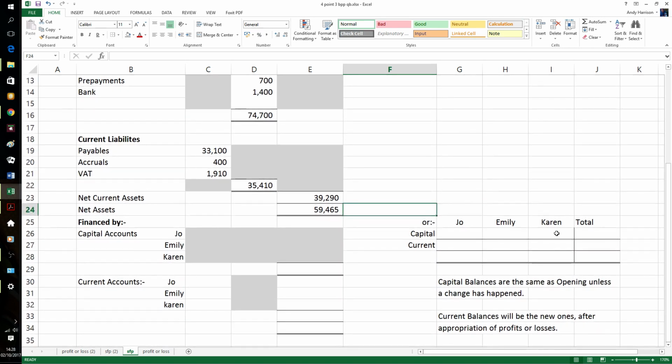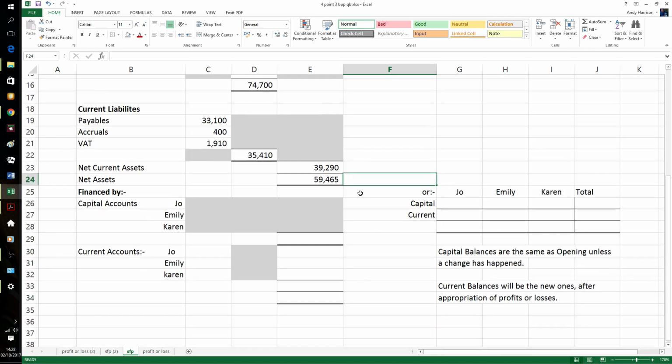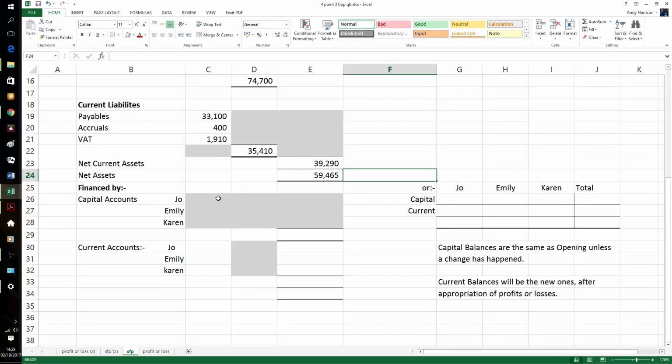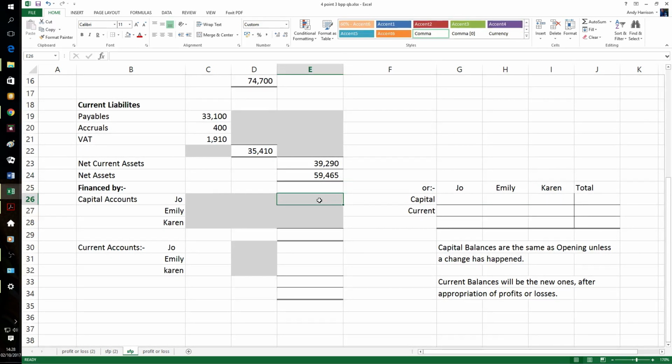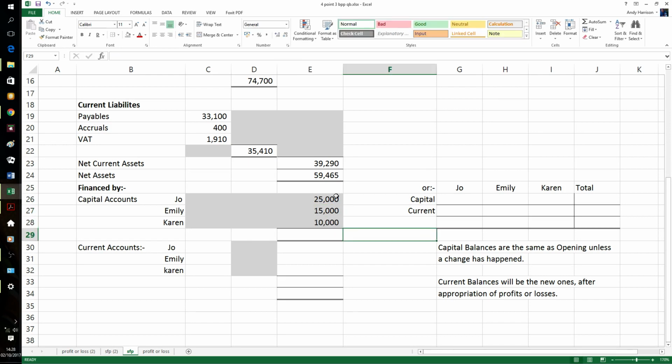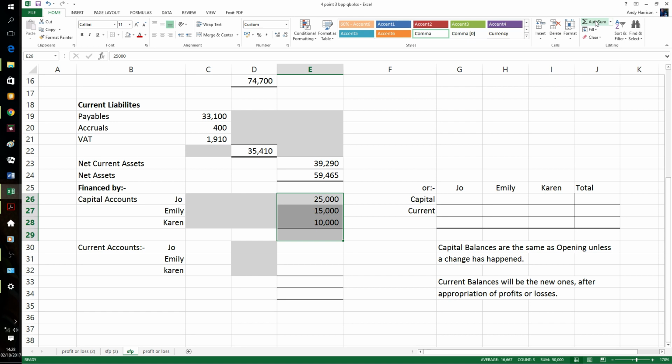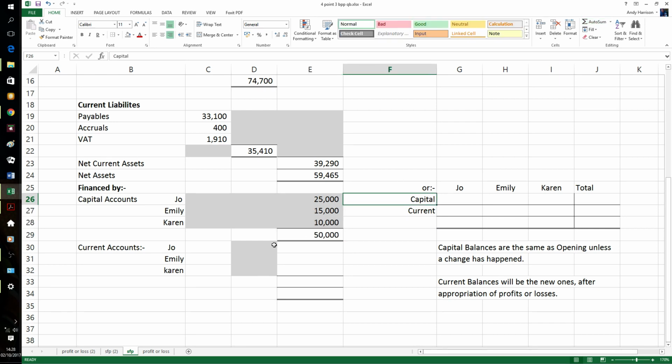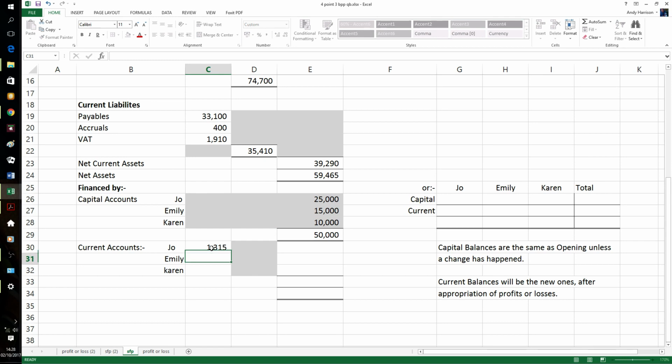You can see on the right I've actually done another version, another layout. We'll do that one in a minute. The capital accounts, unless there's been a change, will be the opening balances. Nearly missed a zero, I think. 50,000 capital, and on this layout, not absolutely critical.